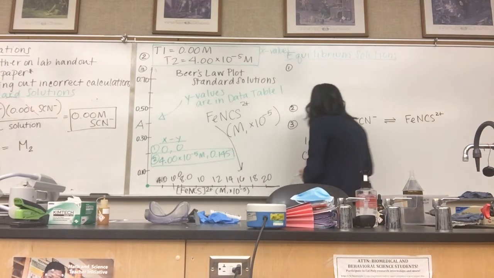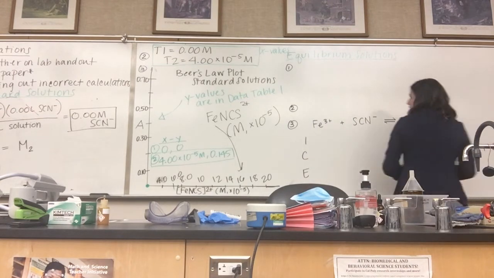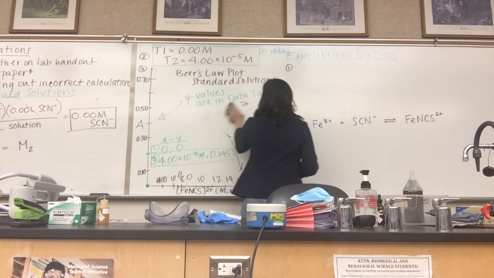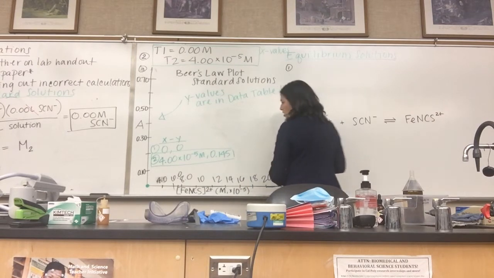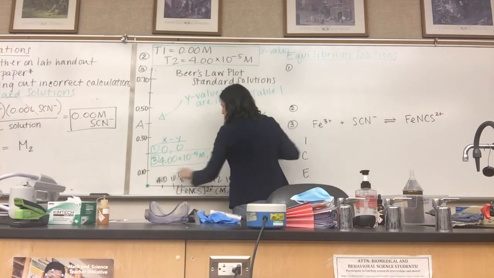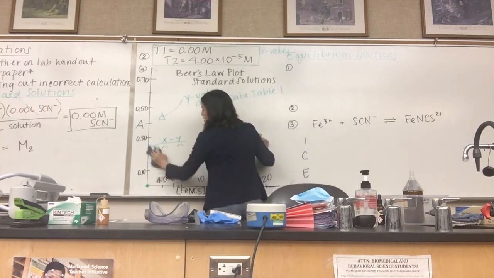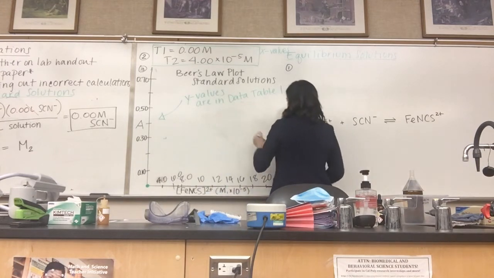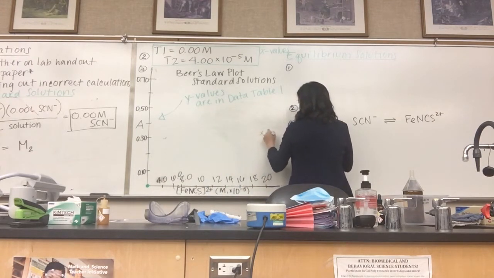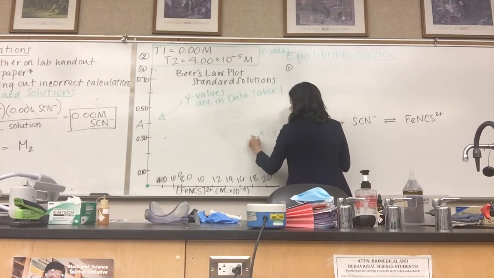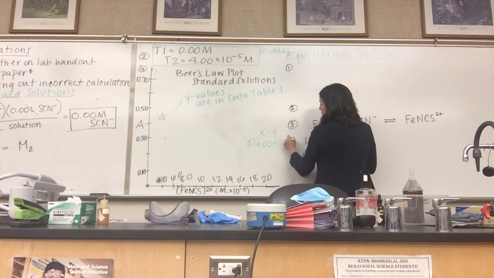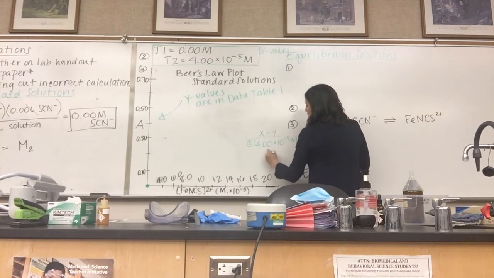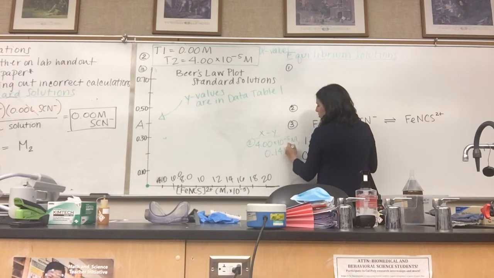Okay, so yours, Hector, would look, let's erase this. So I know I'm at 4.0. I probably should have put this somewhere else. So I'm plotting x and y value number 2 at 4.00 times 10 to the negative 5 molar and 0.145.